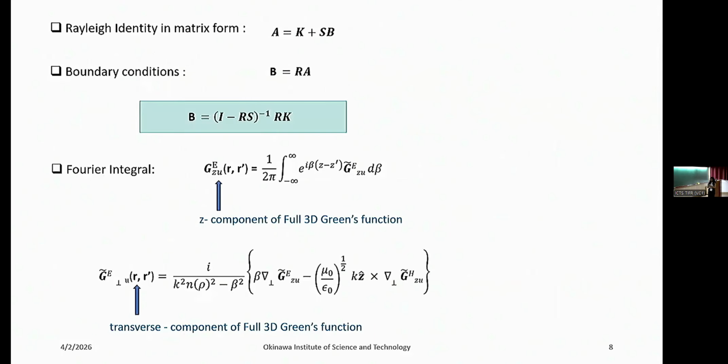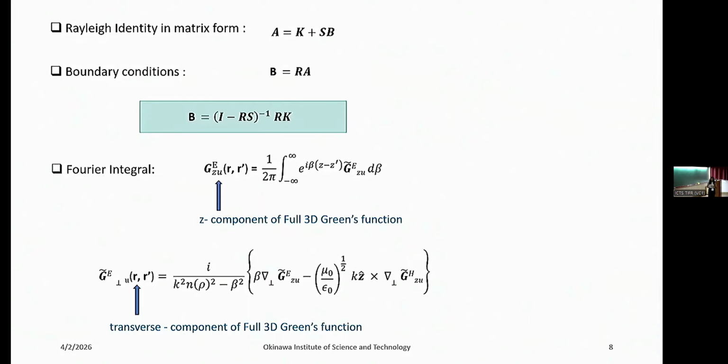So one relation we have is this Rayleigh identity, and the other relation we can get using the boundary conditions of the nanofibers. So R is the reflection matrix here, and this is the matrix form, and combining these two identities, we get this final equation. And all the right hand sides are known now.